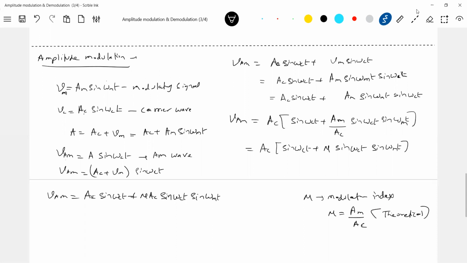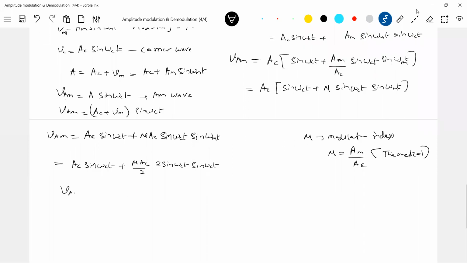Let me go for sinusoidal expansion of this. This I'll end up AC sine omega c. 2 I'll adjust it. Okay, there's a trigonometry which we can manage very easily. 2 sine c sine d formula.